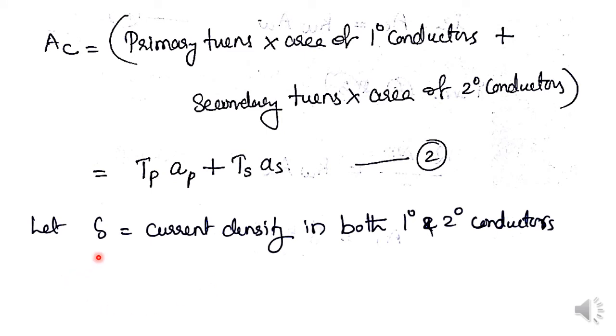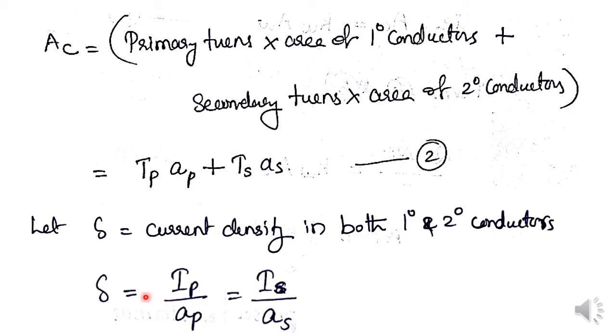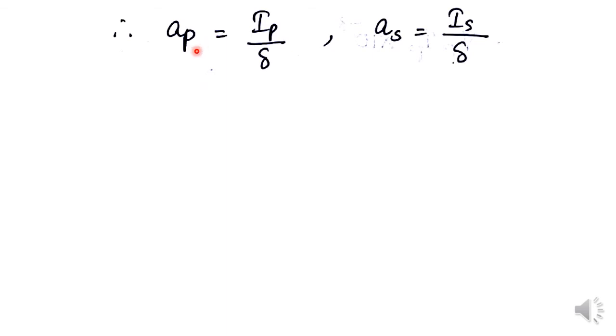Let delta be the current density in both primary and secondary conductors. So delta is equal to IP by AP. IP is the current in primary conductor, AP is the area cross section of primary conductor. That is equal to current in secondary divided by area cross section of secondary conductor. That is delta. Both are equal. From the equation for delta, we can write AP is equal to IP by delta and AS is equal to IS by delta.